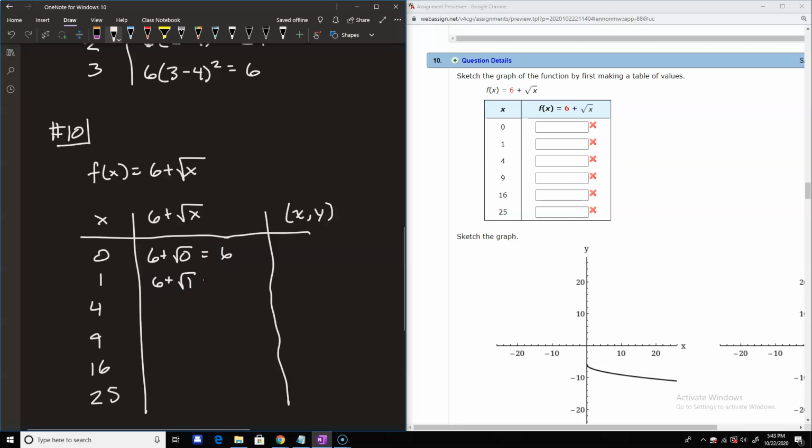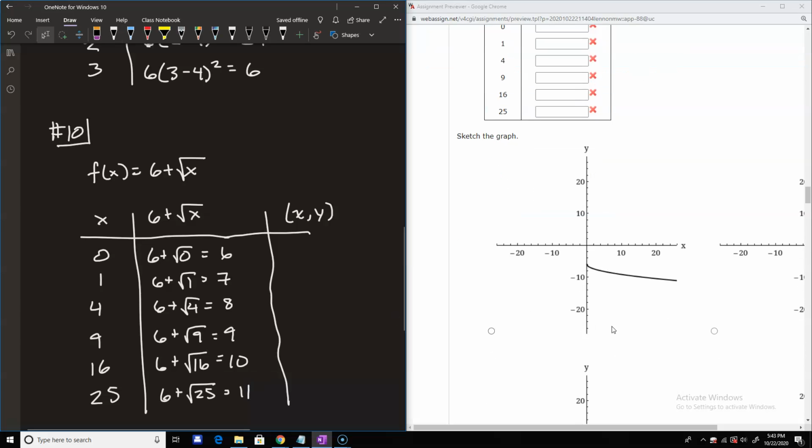6 plus the square root of 1 is 7. 6 plus the square root of 4 is 8. 6 plus the square root of 9 is 9. 6 plus the square root of 16 is 6 plus 4, which is 10. And 6 plus the square root of 25 is 6 plus 5, which is 11.